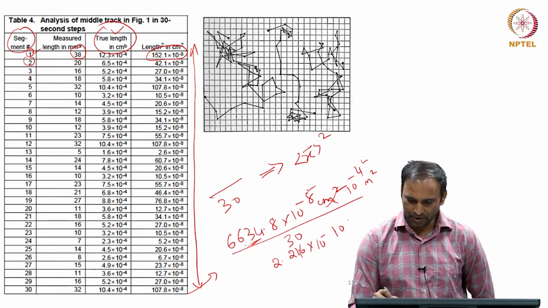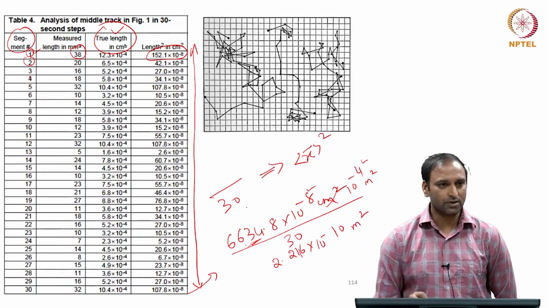So, it becomes something like minus 10 meter square, that is the x bar square.